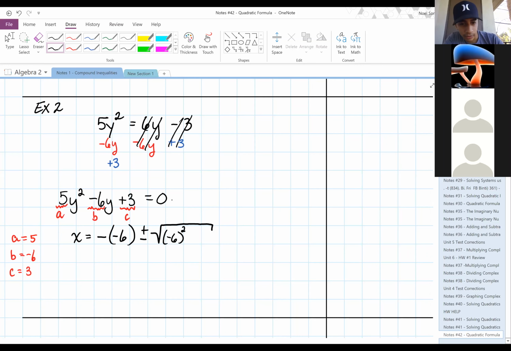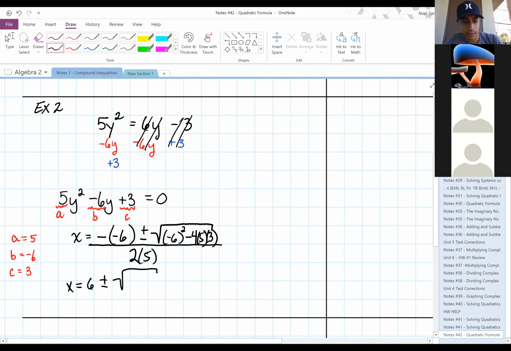All right. Then we have -4 times A, which is 5, times C, which is 3. And then this is all over 2 times A, and A is 5. Okay, so we got some cleaning up to do here. We end up with X is equal to negative times negative, that's going to be a +6, plus or minus the square root of, well, -6 squared, that's where it becomes important, right?